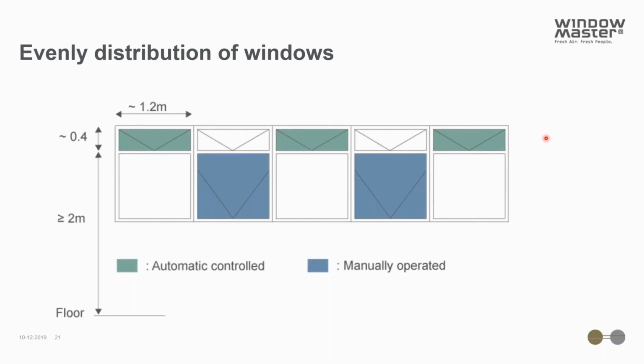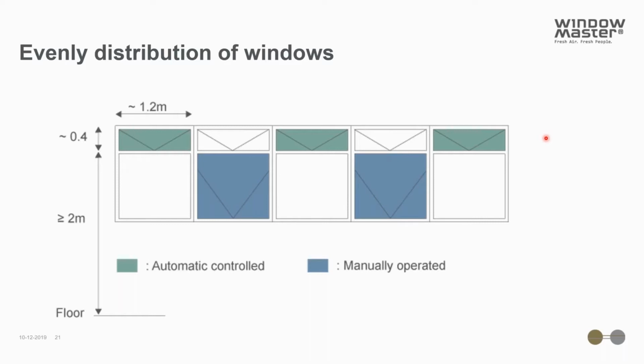Because in a natural ventilation system, our operable windows are really our inlets and our outlets. So if you have parts of the building where you don't have an operable window close by, it means that the occupants will not have a direct source of fresh air. So it should be evenly distributed throughout the building.